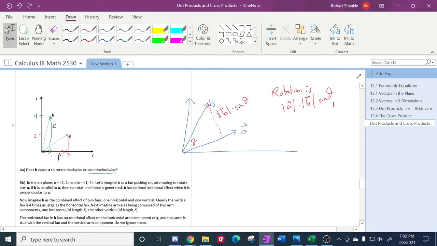And these two fans, both pointed at the ends of the planks that they affect, are going to have the same overall rotational effect as one fan here pointed at the end point of this plank right here. So if we blew air this way with this, it would rotate us counterclockwise. These two fans are going to wind up doing the same thing.